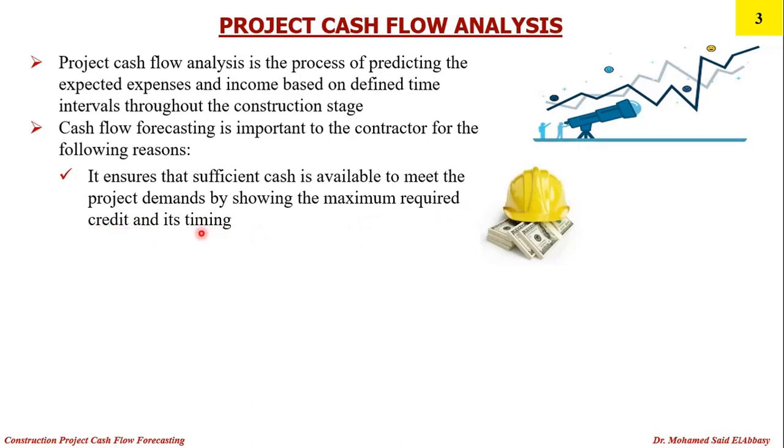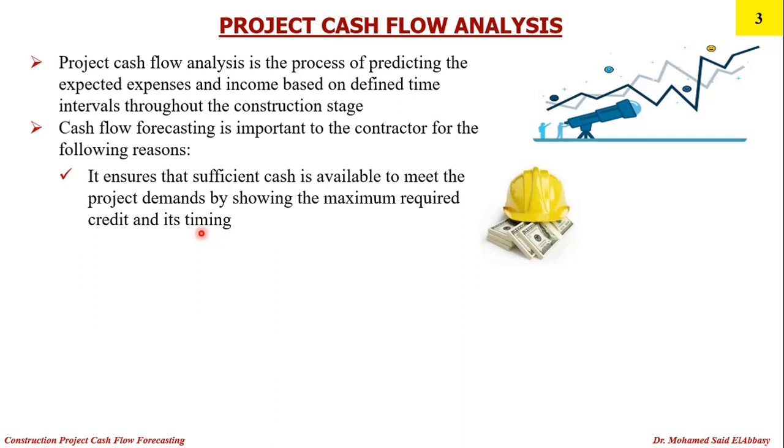So as we can understand now, for every project there is cash in and cash out at every time interval. Usually the expenses, or the cash out, are more than the cash in at the beginning of the project or throughout the project. And at a certain time, maybe the cash in will be more than the cash out. I'm talking about the cumulative cash in and cash out.